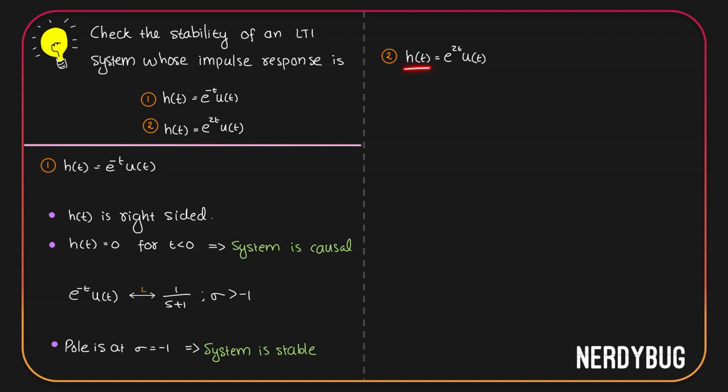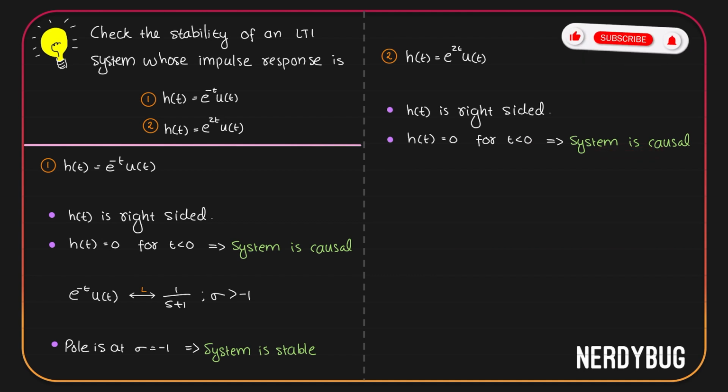In the next question, we have h of t equal to e raised to 2t u of t. Here also h of t is right-sided, and since h of t is equal to 0 for all values of t that is less than 0, we can conclude the system is causal. And for a causal LTI system to be stable, the only condition is all the poles should be on the left half of the S plane. To check that, let us take the Laplace transform of e raised to 2t u of t.